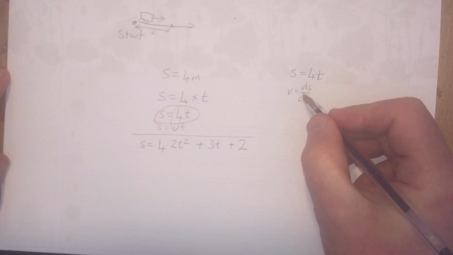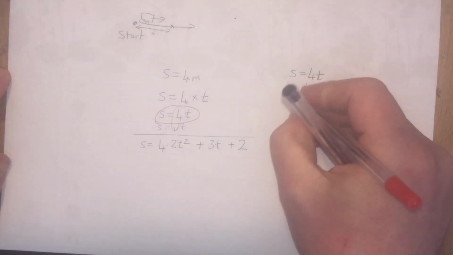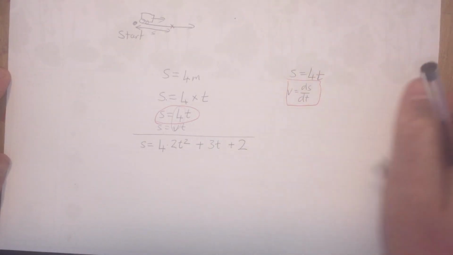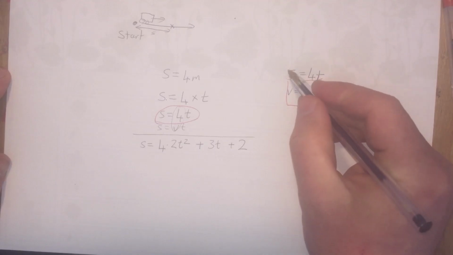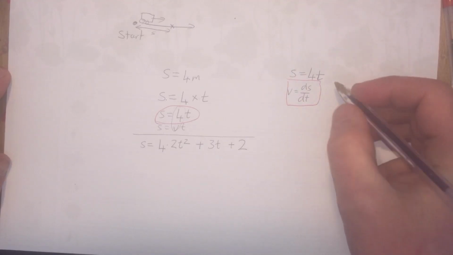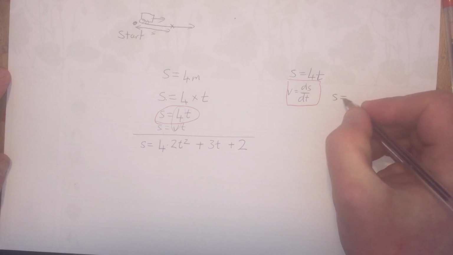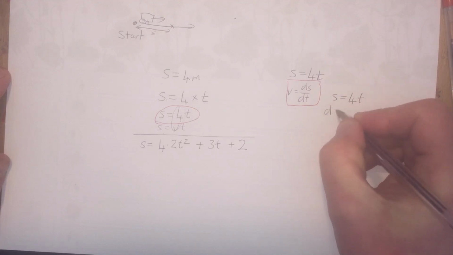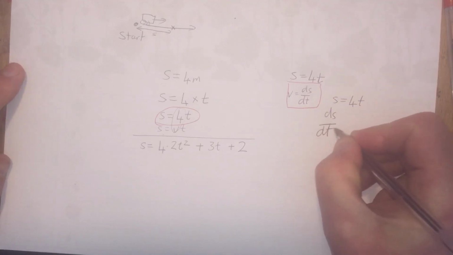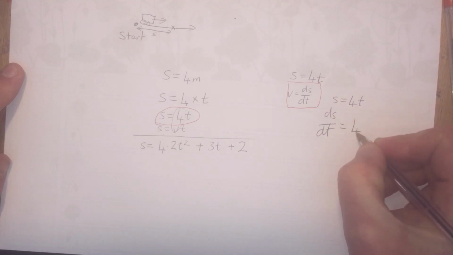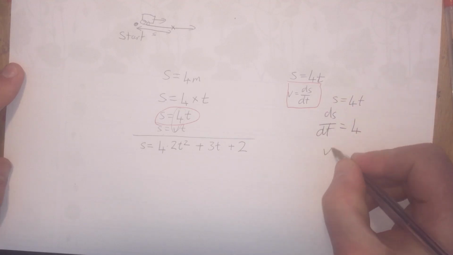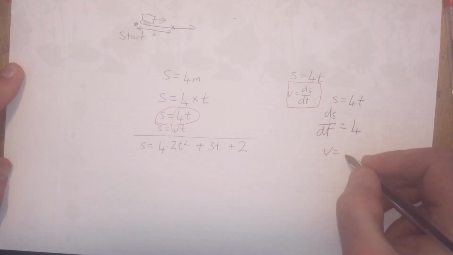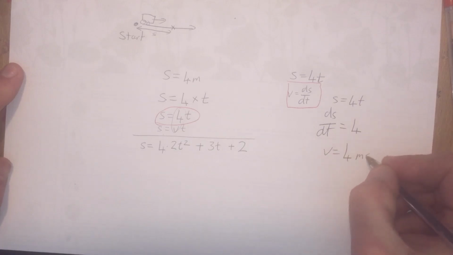So because v equals ds by dt, then all we have to do, if this is our s function, is differentiate it. So if s equals 4t, then ds by dt is going to equal 4. And that basically means that our speed here, which is the same as ds by dt, is 4 meters per second.